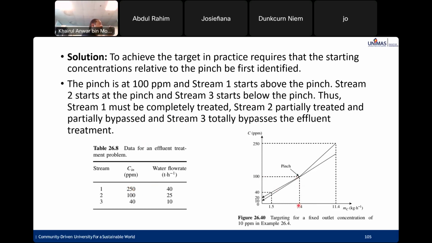Stream 2 starts at the pinch and stream 3 starts below the pinch. The streams must be treated based on design rules 1, 2, 3. Design rule 1 states that if a wastewater stream starts above the pinch concentration, then all of the flow rate of these streams must be treated. Stream 2 is partially treated based on the design rule. Stream 3 totally bypasses the effluent treatment.